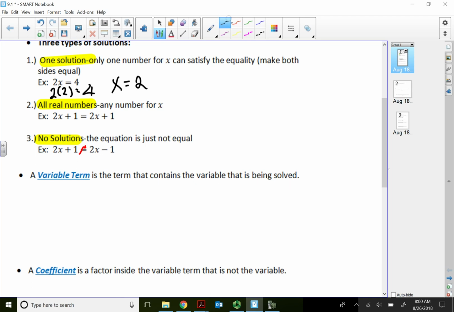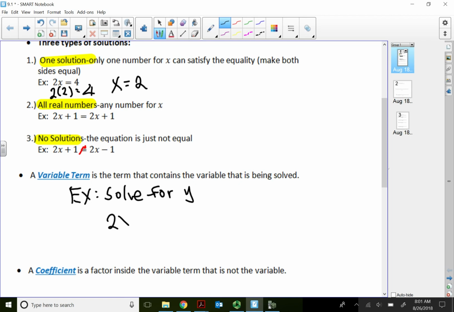So, for example, if I want to solve for y, that means my variable is y.